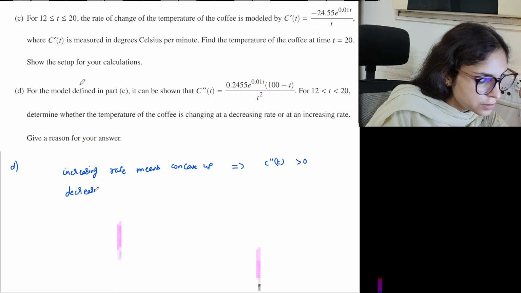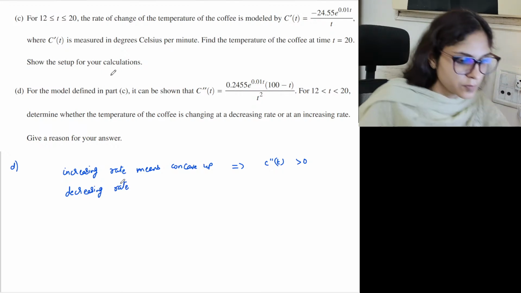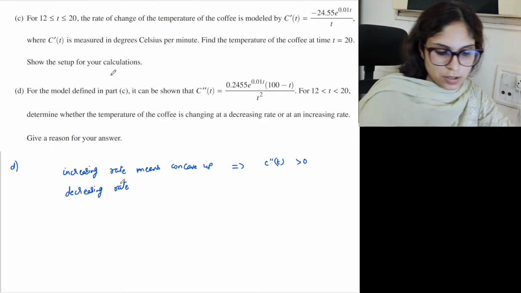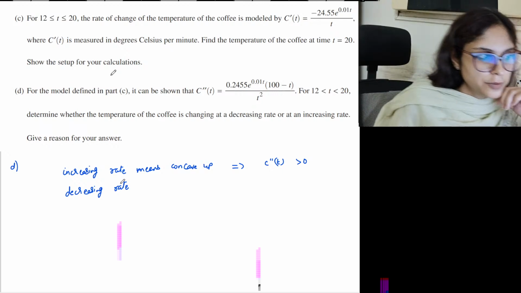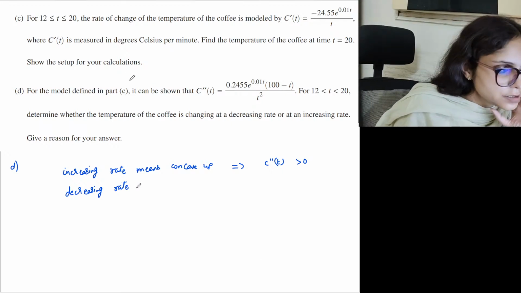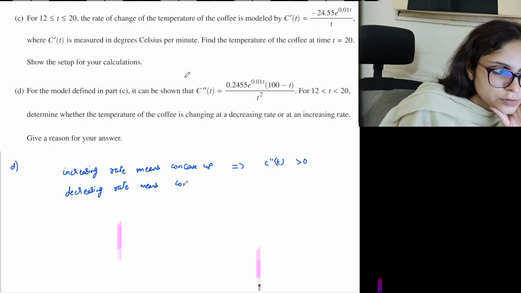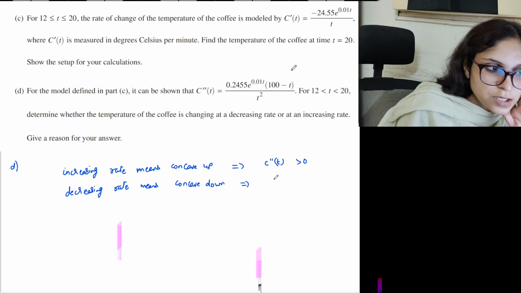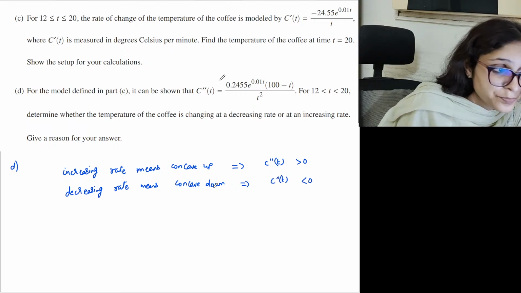And decreasing rate means concave down, which means that C double derivative has to be less than 0.